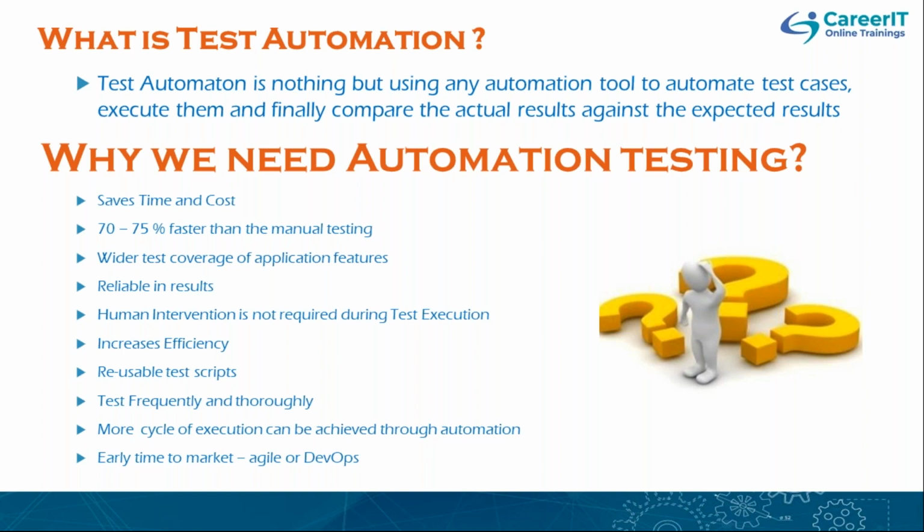That's where automation will really help in placing applications into the market early. So these are all the benefits we get, guys, whenever we have dedicated automation in our software testing lifecycle. That's why in any testing project or testing area, they are looking for automation, not just manual testing, because of all these benefits.